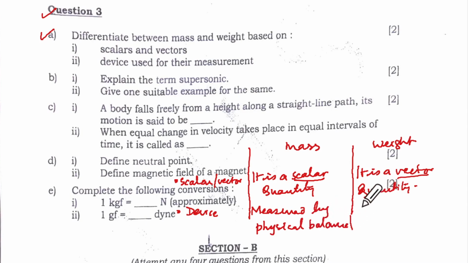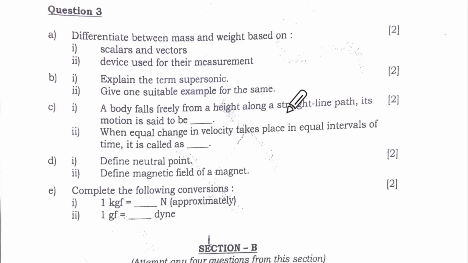Okay, and this is measured by what? Weighing machine. No. Ma'am. Spring balance. Yes, ma'am. Sorry, spring balance. See, weighing machine for day to day, but in the physics textbook, it is the physical balance and the spring balance. Okay? So that is for 2 marks. If you write physical balance, weighing machine, then you'll get 1.5 marks. Understood? So just give yourself marks according to that.